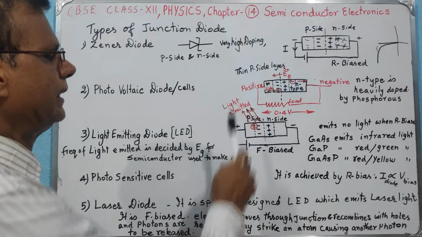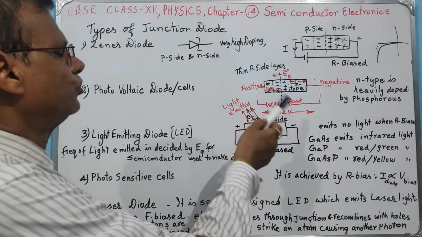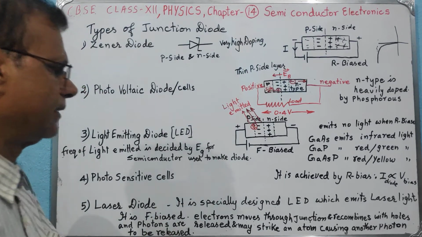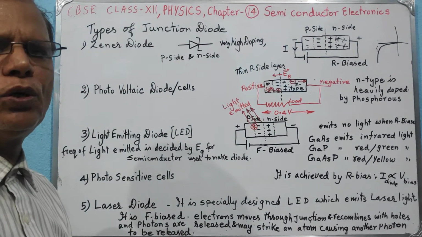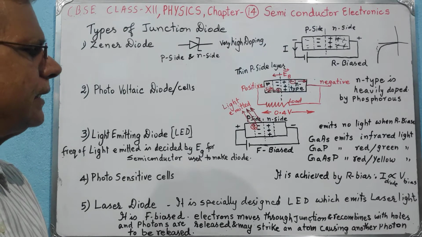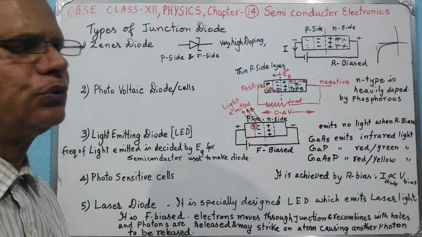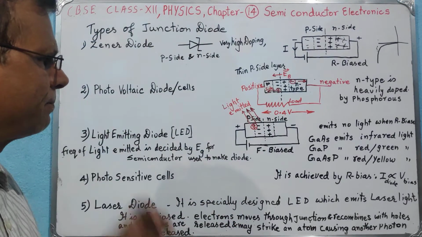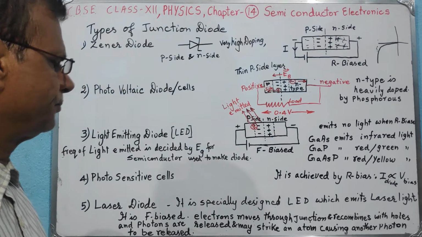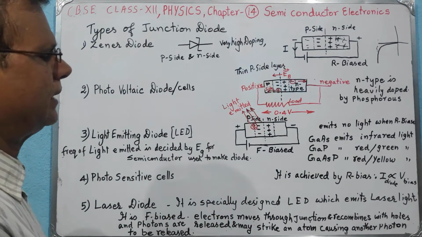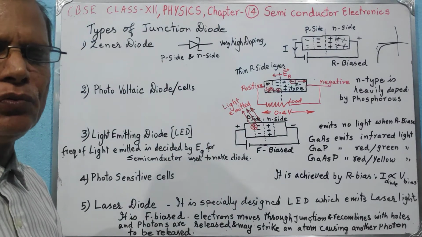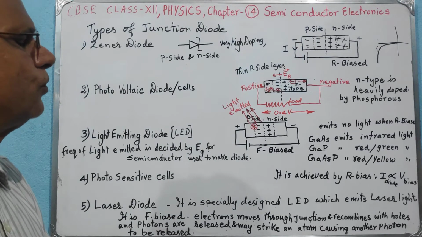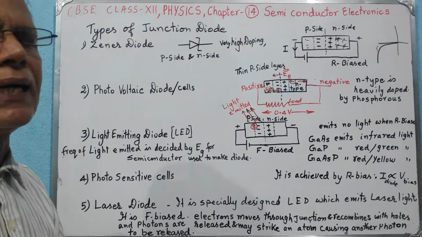When the light is incident at the junction, a few hole and electron pairs are generated due to incident light, and the number of hole and electron pairs created is proportional to the light incident, and therefore the amount of light incident will decide the conductivity of the photocell, which was otherwise non-conducting.